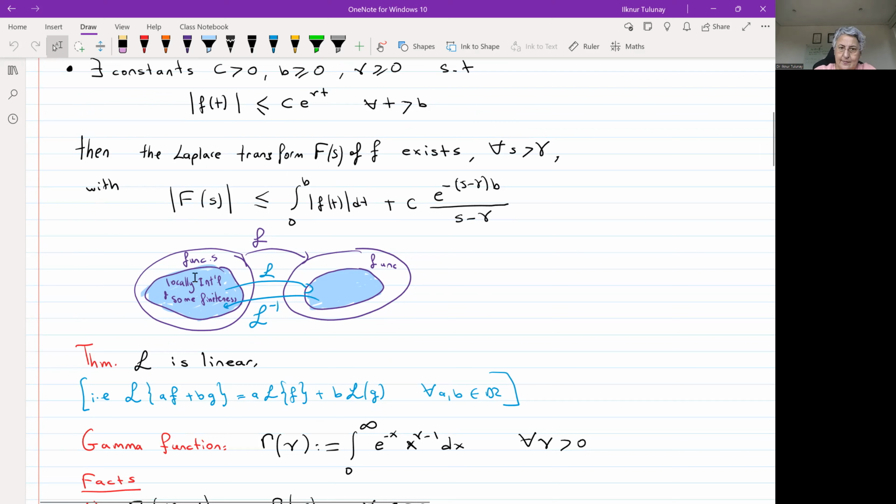So what is the idea behind the Laplace transform? Why do we bother? The idea is that if something is very difficult to solve in this space, we apply the Laplace transform and do the calculations here, hoping that, of course, the computations are a lot easier or possible to do here, and then we go back and find a solution here.